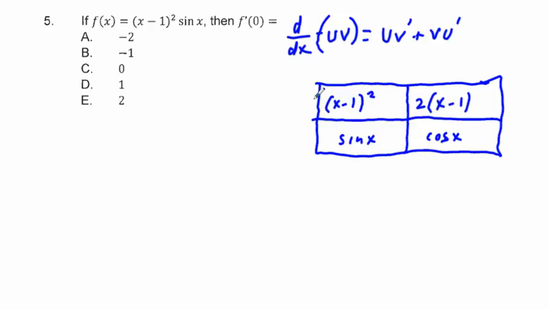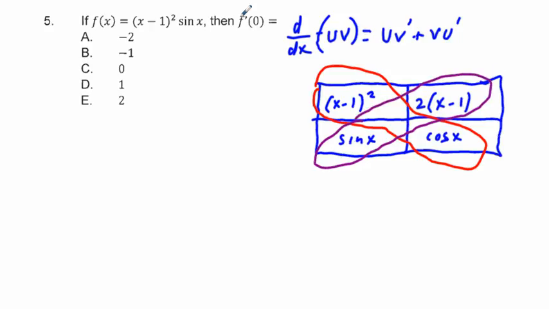And so what we do is we take the product of these two things here, kind of go diagonal, plus the product of these two things. And to do that, we're going to have f prime of x is equal to quantity x minus 1 squared times cosine x, plus we have 2 times quantity x minus 1 times sine x.